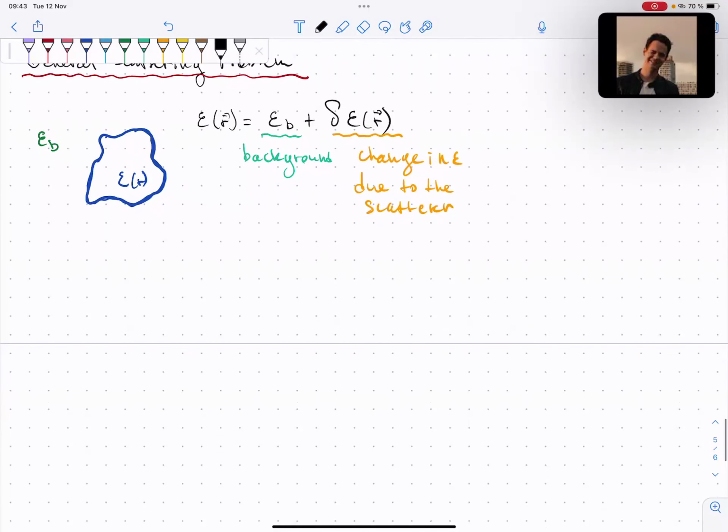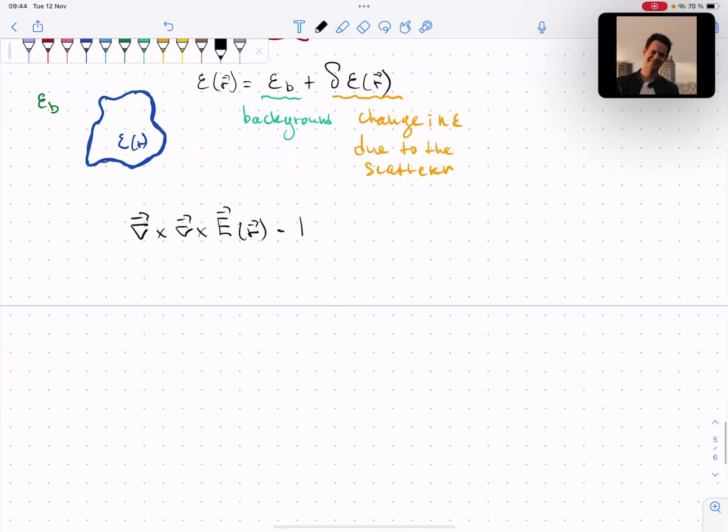Well, in the general case, we can derive the wave equation for the electric field. In a general case, this wave equation will look something like this. It's curl of the curl of the total electric field E of r minus k squared permittivity of r multiplied by electric field of r equals 0.